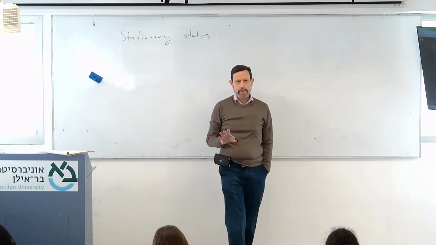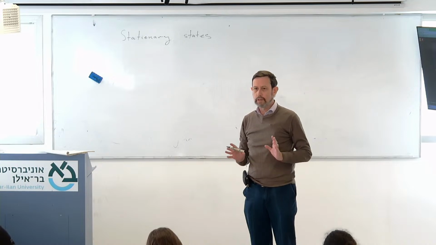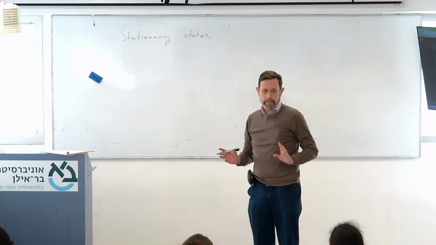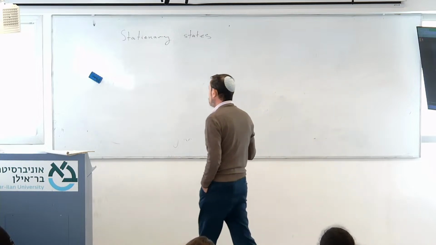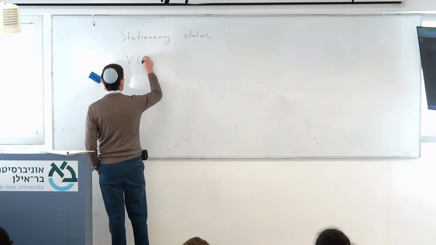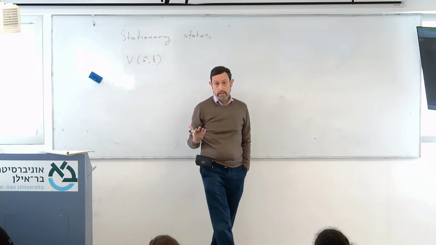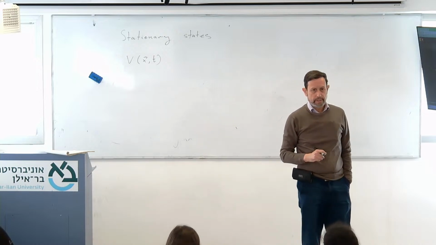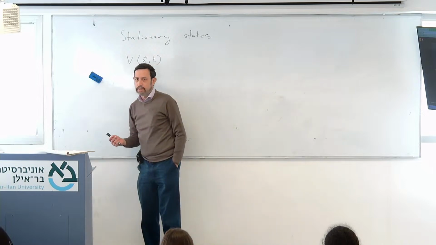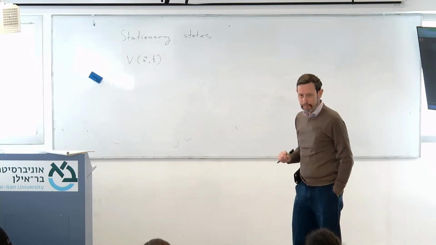Okay, stationary states is the headline that we give to the situation where the potential does not depend on time. In general, as I said in the previous lecture, the potential could be a function of x and t. And as I emphasized in the previous lecture, a lot of potentials, like an electromagnetic wave, do have a dependence on t.